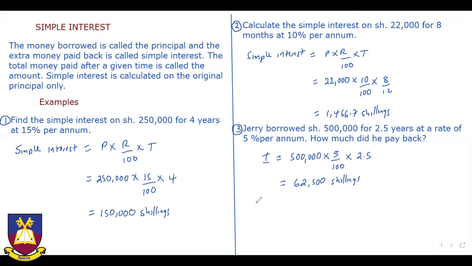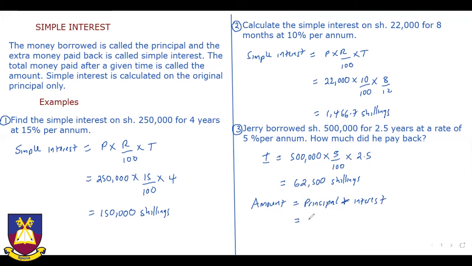Now we need to get the amount. Amount is equal to principal plus the interest.